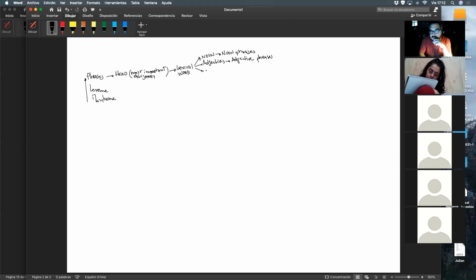As we have verbs, we will have verb phrases. And as we have adverbs, we will have adverb phrases. Right?